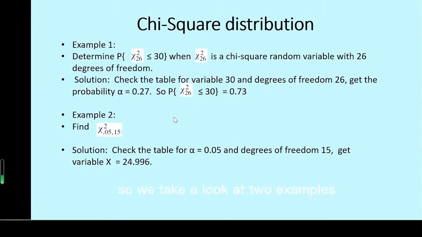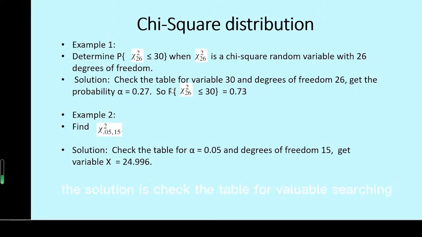So we take a look at two examples. The first example: determine the probability that a chi-square random variable with degrees of freedom 26 is less than or equal to 30.